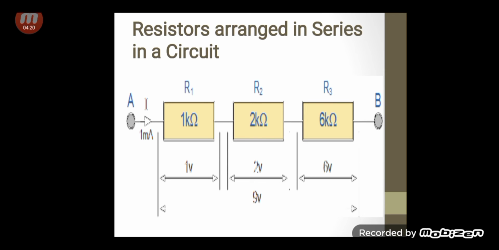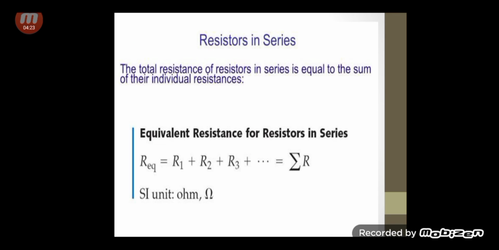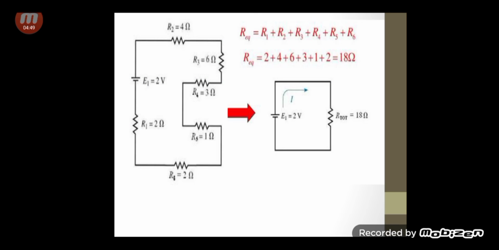So the total resistance will be the sum of each resistor present in the circuit. You have the formula: equivalent resistance equals R1 plus R2 plus R3 and so on, and the SI unit of resistance is ohm. The total resistance of resistors in series is equal to the sum of their individual resistances.